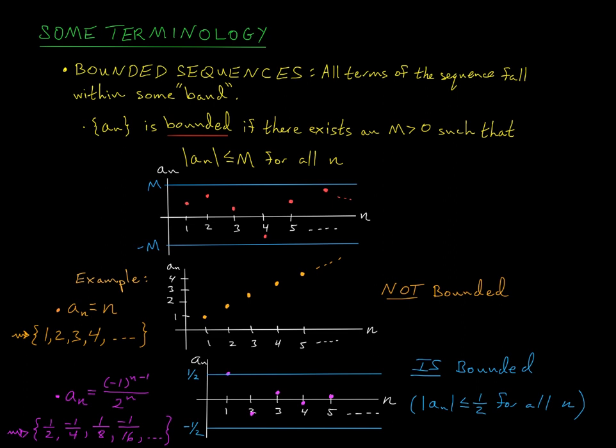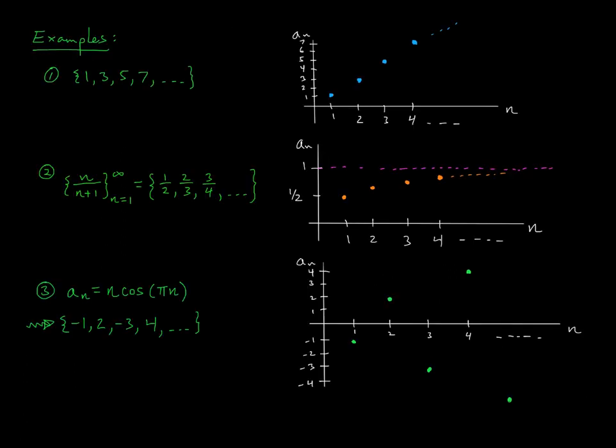All right, cool. So now to finish here, let's look at those examples from the first video. Okay, the first sequence there was just the positive odd integers, 1, 3, 5, 7, so on and so forth, and here's its graph. The second sequence was n over n plus 1, which we've already looked at in this video. So 1/2, 2/3, 3/4. Okay, there's its graph.